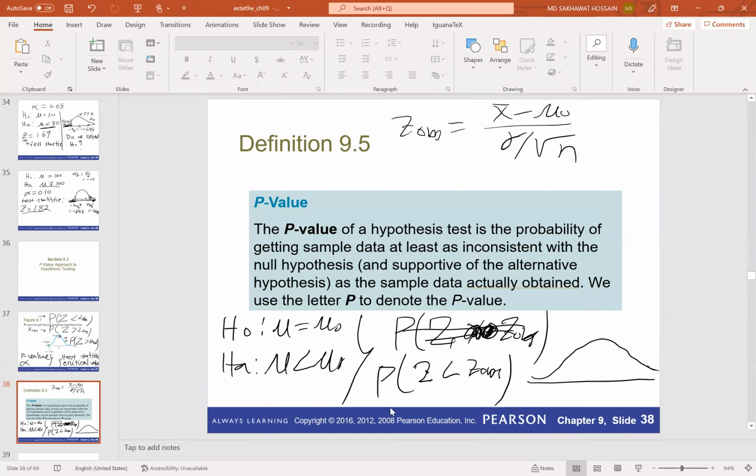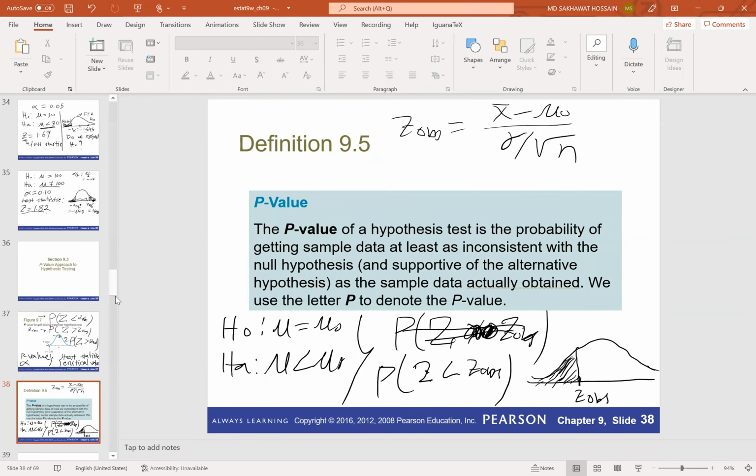Okay, so what does it mean? That means if our z observed is here somewhere, we'll find the area of this region. This area is called the p-value.